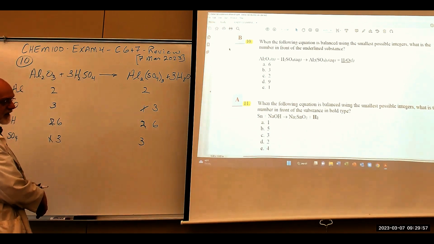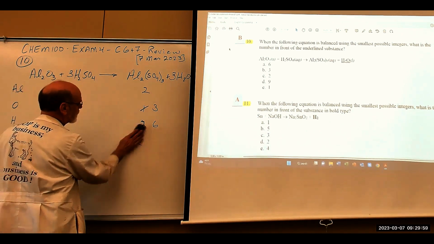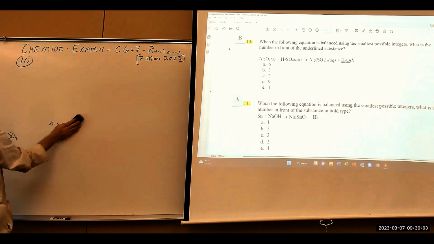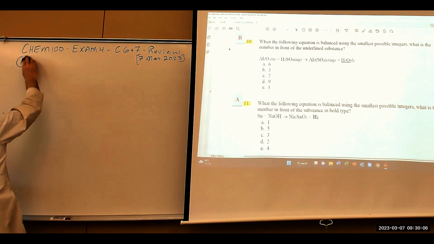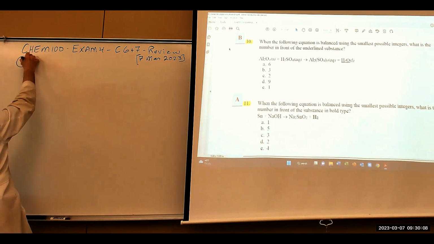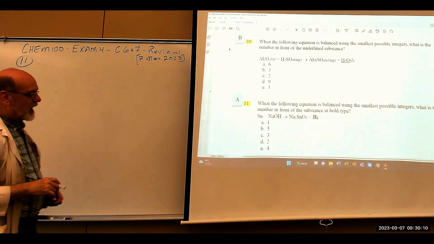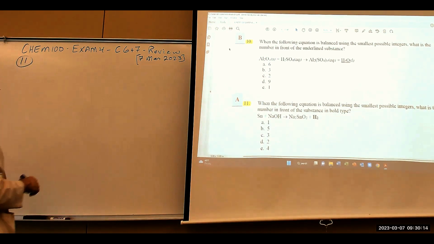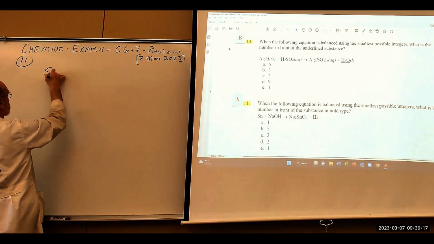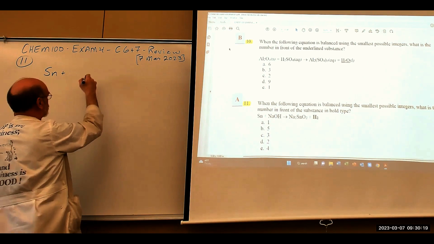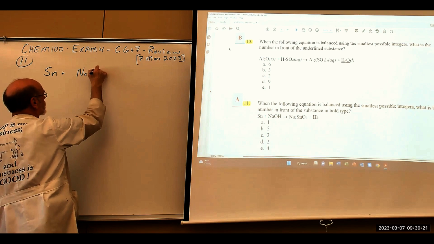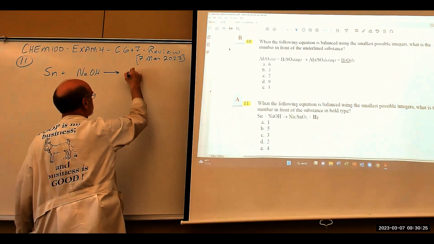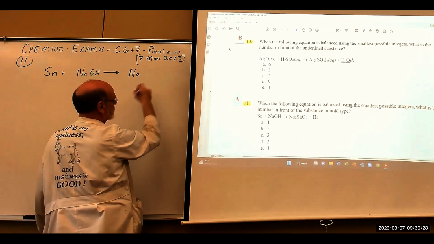All right. It looks like we got another balancing coming up. So let's put the unbalanced equation up here along with its question number. And what's the number in front of the hydrogen? So we're starting off with tin, reacting with sodium hydroxide, yields this compound.